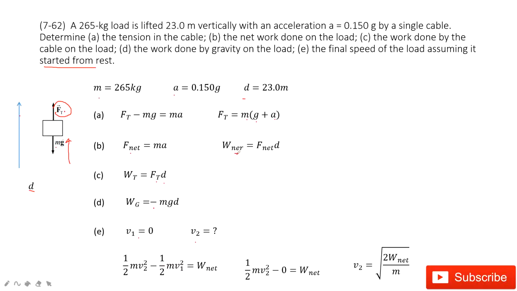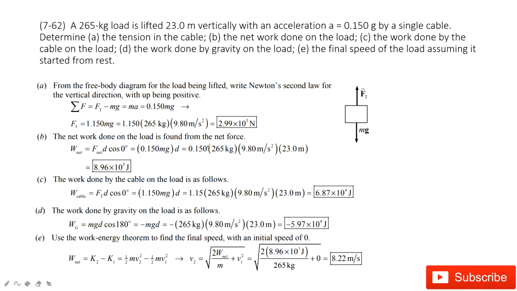We can find it from part B. And then the final kinetic energy is 1/2 m v2 squared. Initial kinetic energy is 1/2 m v1 squared. Therefore, we input v1 equal to 0. We can find v2 very easily. And then you can input all the numbers into these equations and get the final answers there.